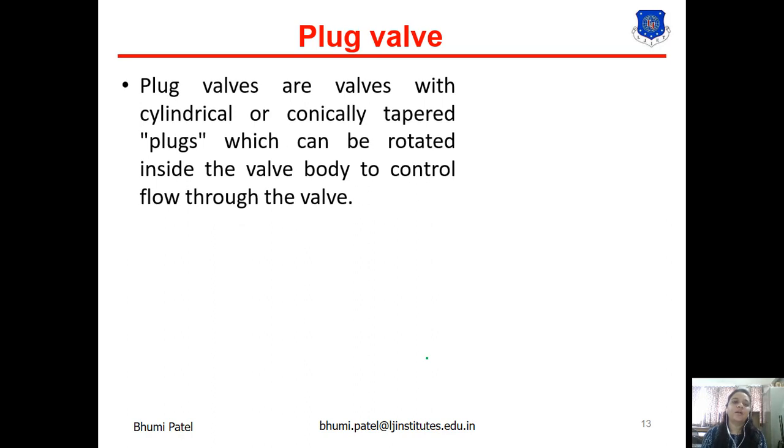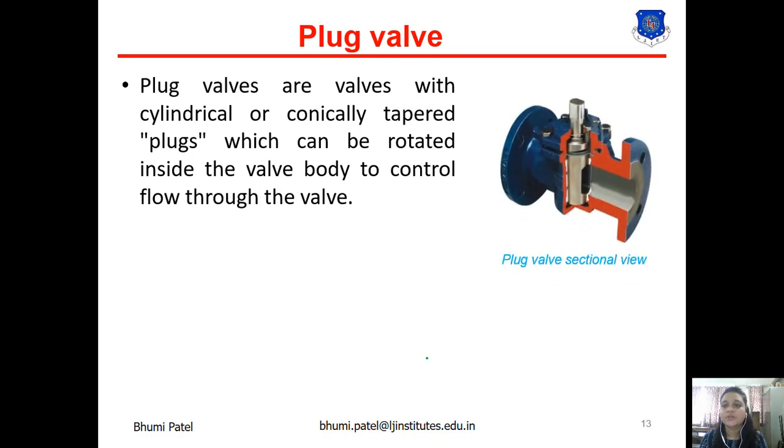Plug valves are valves with a cylindrical or conically tapered plug which can be rotated inside the valve body to control the flow through the valve. So this is the plug valve section view.